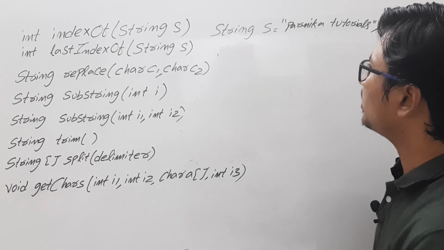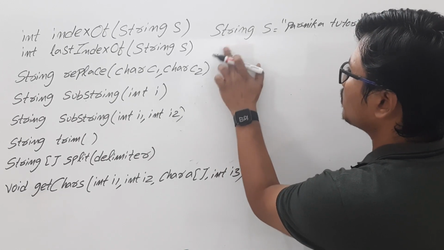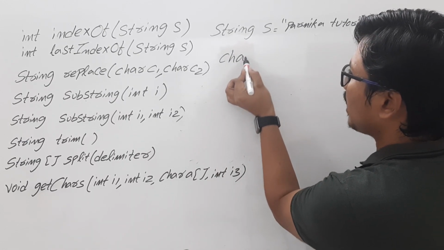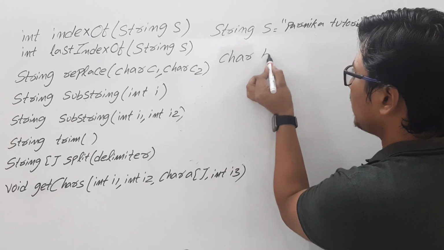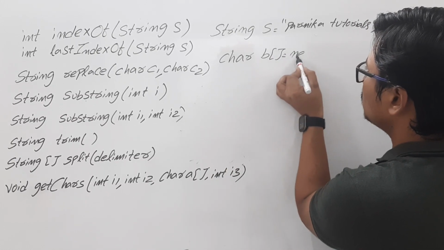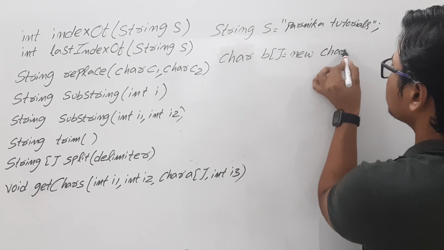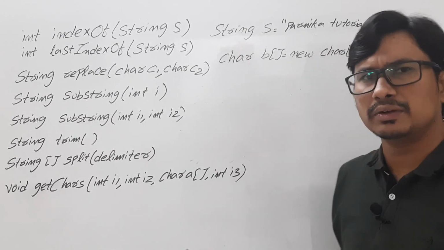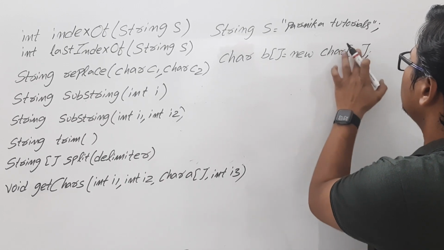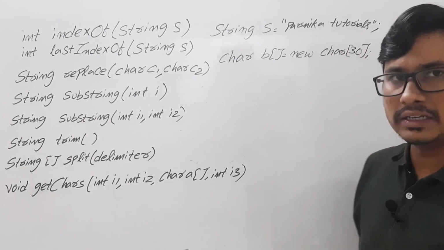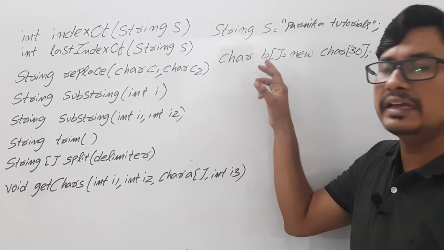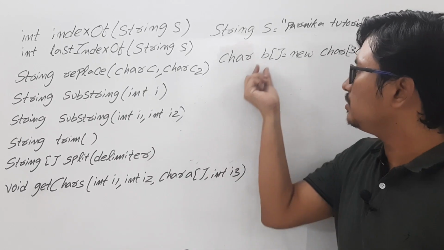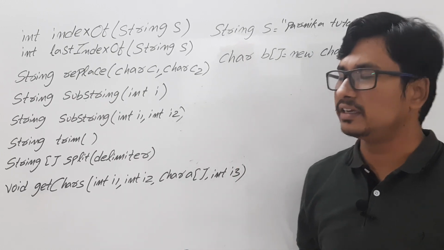Before that I need to have a character array, so I will write char[] b = new char[30]. You can have any size here. You are creating a character array b of size 30, which can store 30 characters.